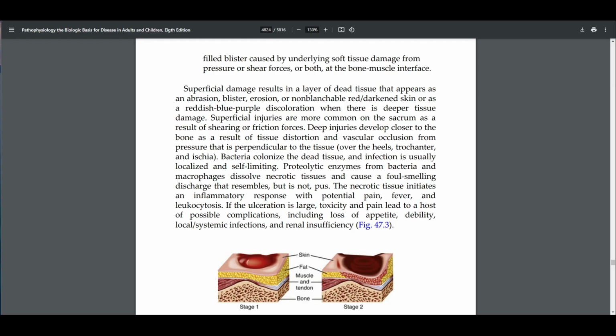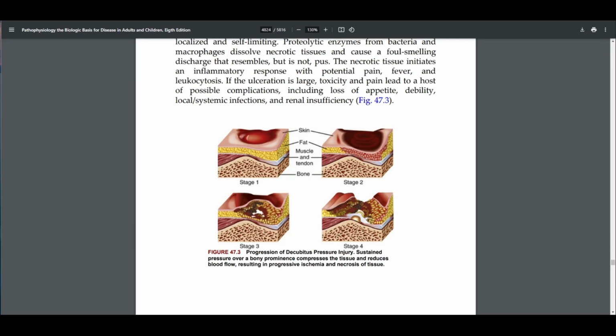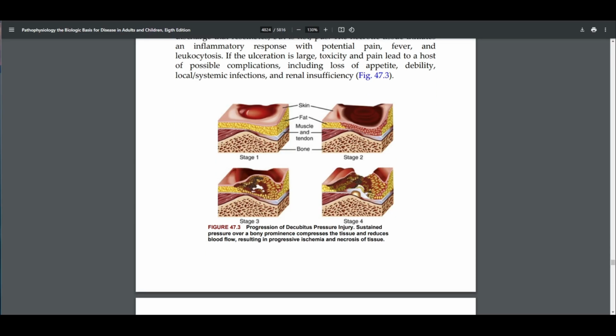If the ulceration is large, toxicity and pain lead to a host of possible complications, including loss of appetite, debility, local and systemic infections, and renal insufficiency.